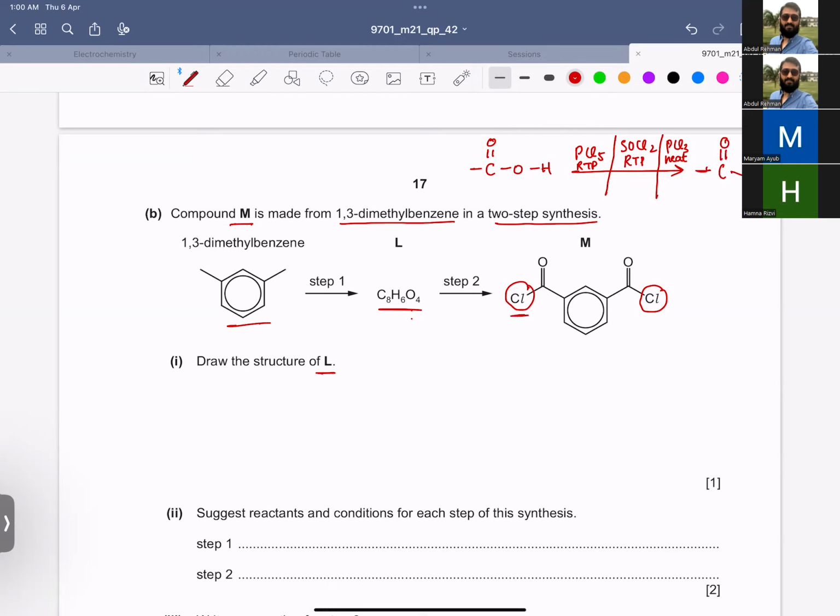So it means on these two positions, there must be a carboxylic acid group. So the structure of L: a benzene ring. Here I have a carbon, and that carbon has a carboxylic acid. Here I have a carbon, and that carbon has a carboxylic acid as well. Yes, is this understandable? This OH group is displaced by Cl by using either one of these 3 reagents.